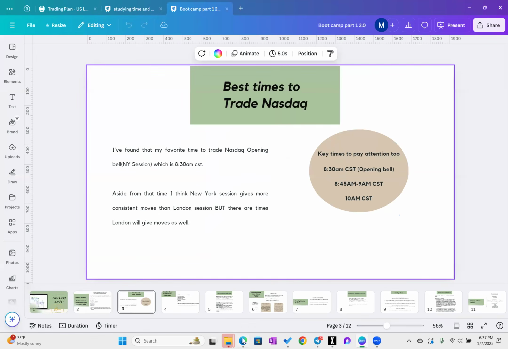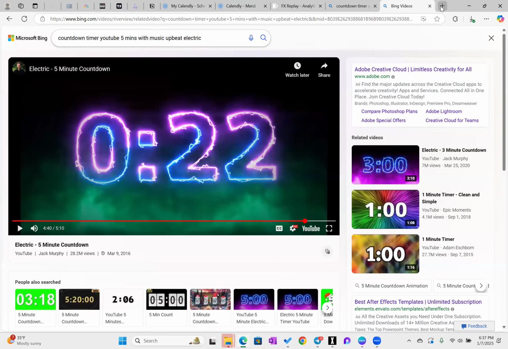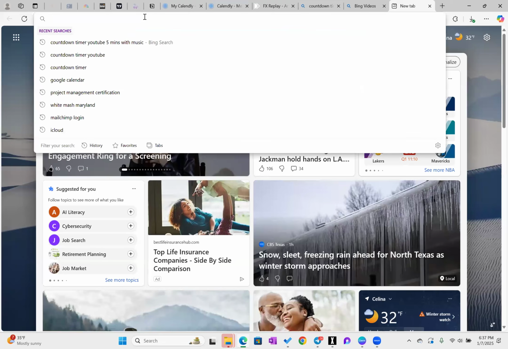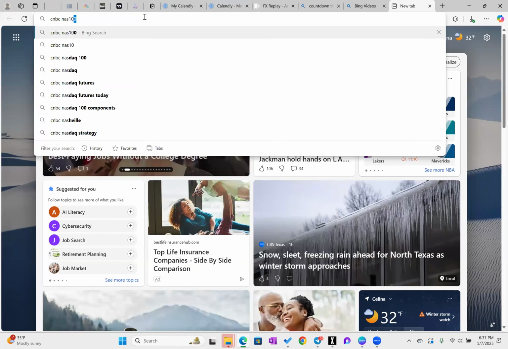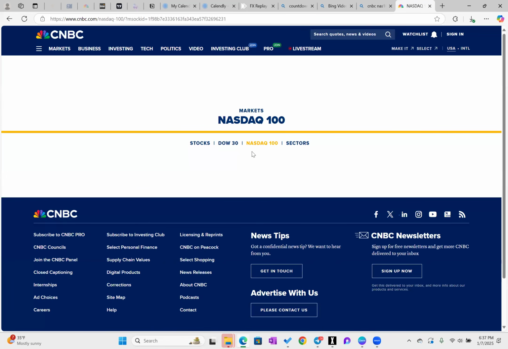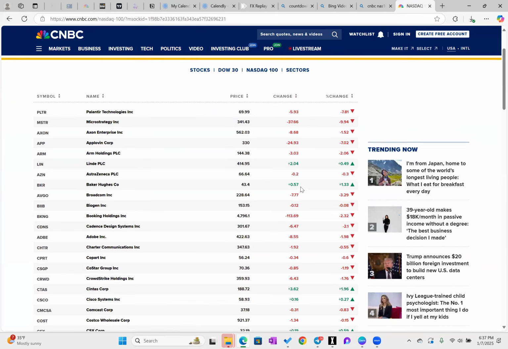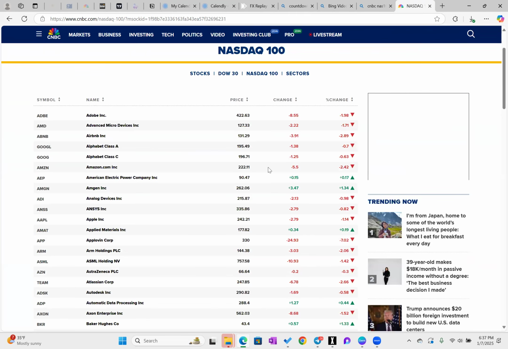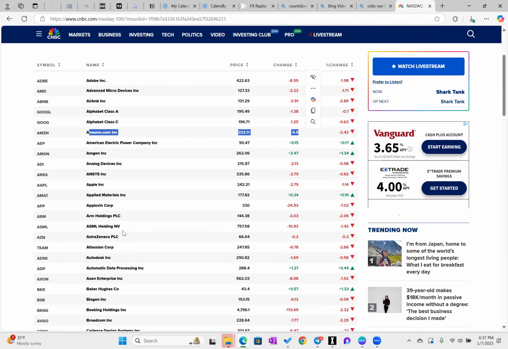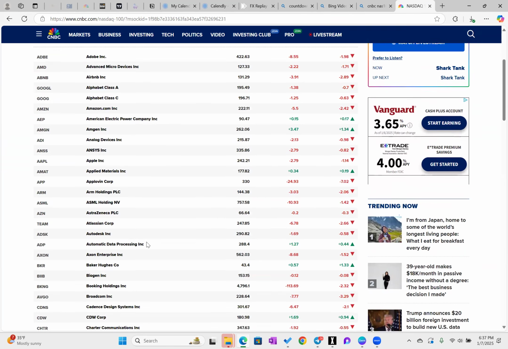So I'm going to show you exactly where you can do that. You're going to open up a separate tab. All you have to do is type in CNBC NAS 100, and it'll typically be the first one. What comes up is a list of companies. I like to do it in alphabetical order, and I can see Adobe is red, Alphabet Class A and C are red, Amazon is red, Apple is red.